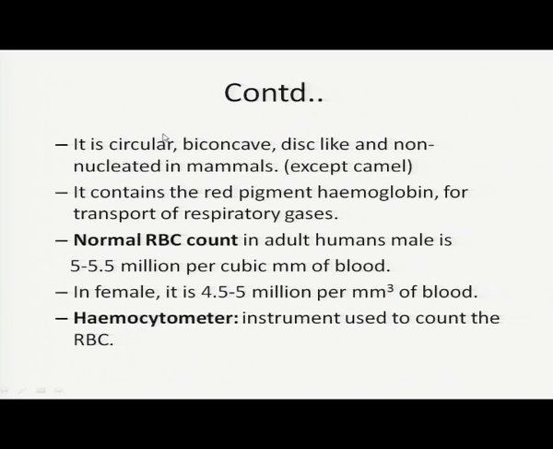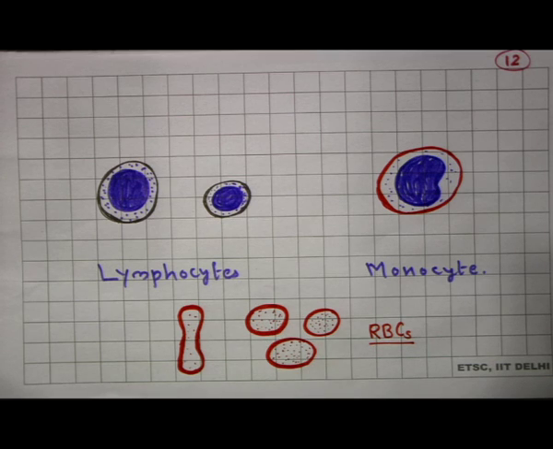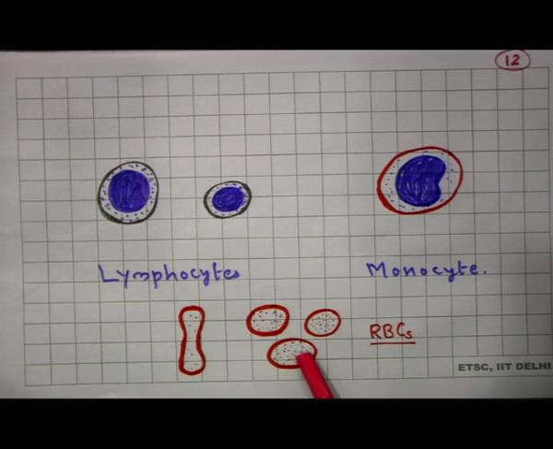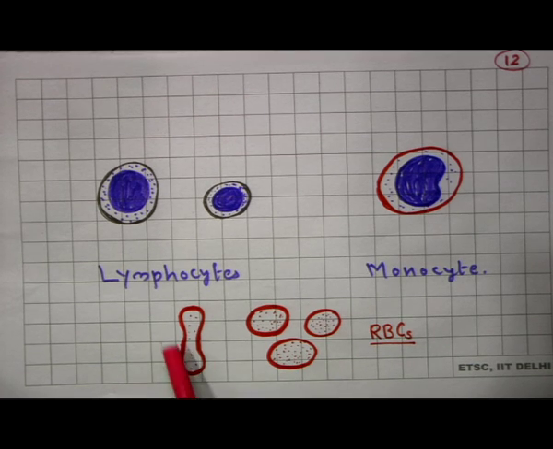Now, in mammals it is a circular, biconcave, disc-like structure, and it is without any nucleus in almost all mammals except the camel. Here you can see these are the spherical RBCs of humans, and we can say they are biconcave, disc-like structures without any nucleus.